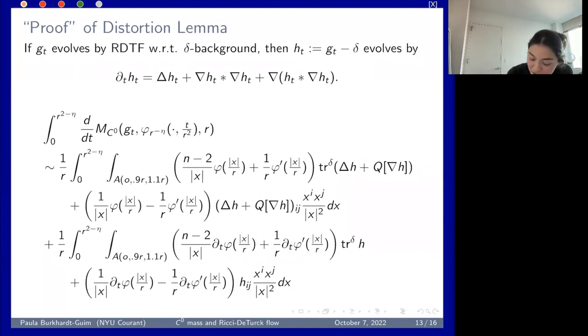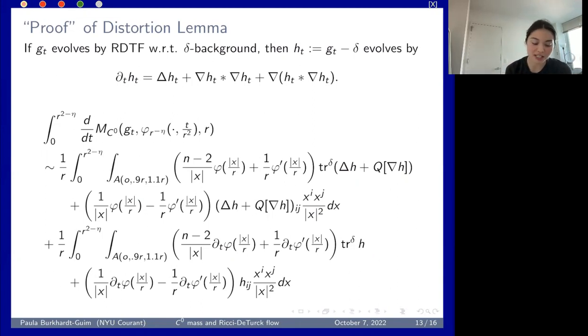Taking phi to evolve like the radial derivative of a backwards heat equation is precisely the evolution you need to cancel out these delta h terms. You put the delta h onto everything else, and then you can check that if phi evolves by this almost backwards heat equation, these delta h terms will exactly cancel out, and we'll be left with the quadratic terms, which are bounded thanks to the work of Cohen-Lamb.